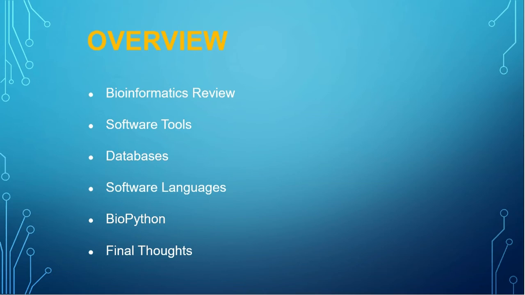So we use things like Python and Perl and Ruby and Java, and we create packages for them that are like other packages that we've used before, and they are implemented to create a much more ease of use for the programmer. Then that will lead us into some more specifics and going into the details of kind of how these languages work and how one would get set up and what it kind of looks like, and that specific would be BioPython. And finally, a little bit of a conclusion.